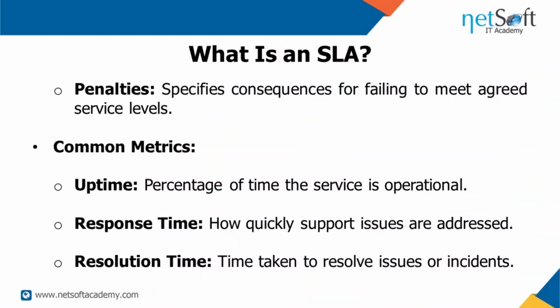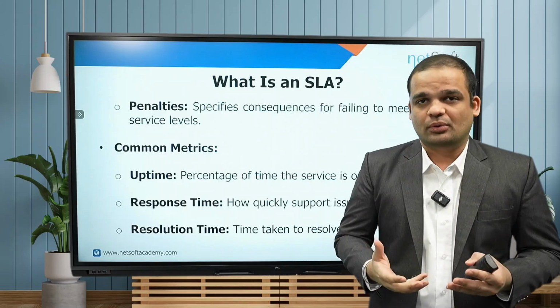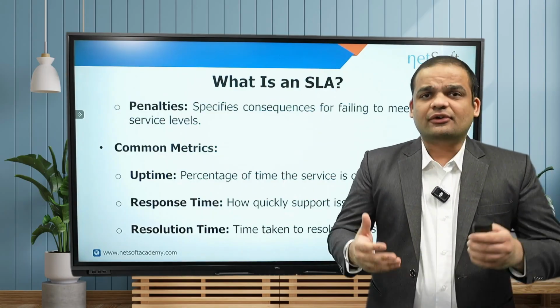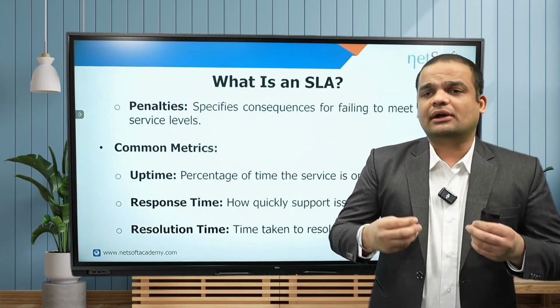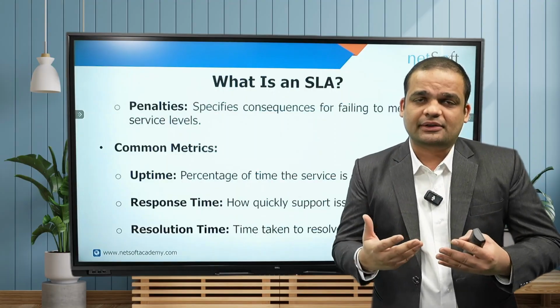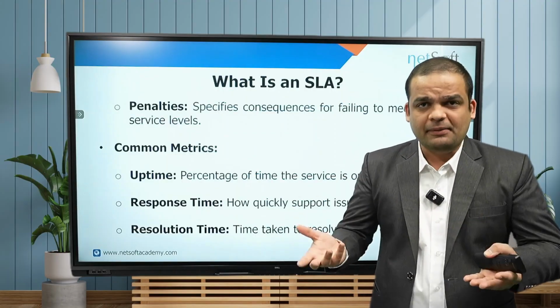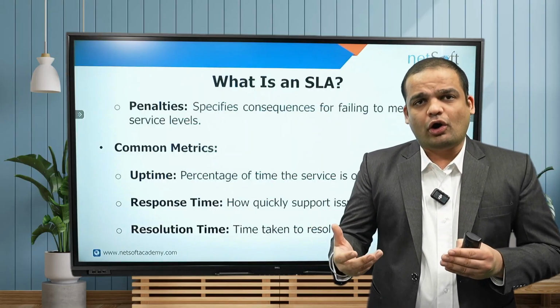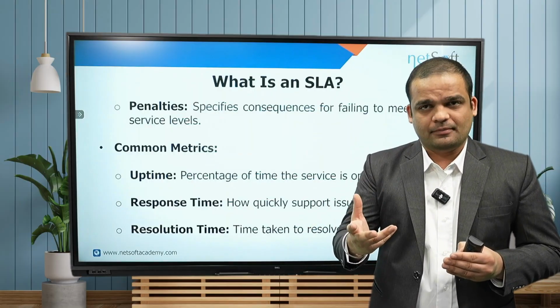How about response time? This measures how quickly the support team acknowledges and responds to an issue once it is reported. Faster response times mean quicker initial action taken by the provider or maybe your company, which is very crucial for minimizing disruption.